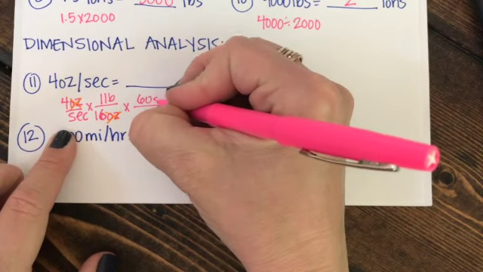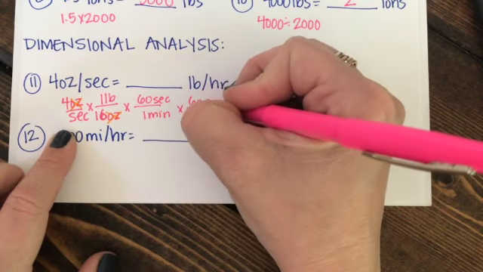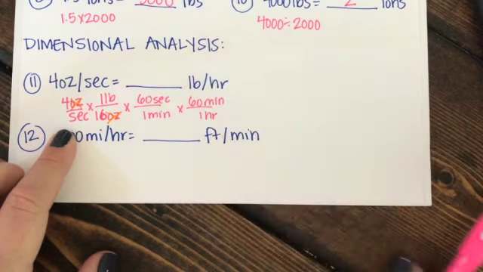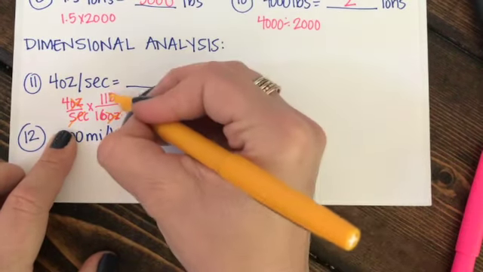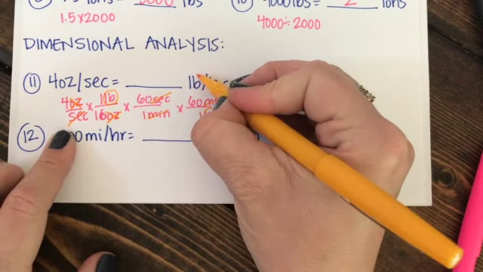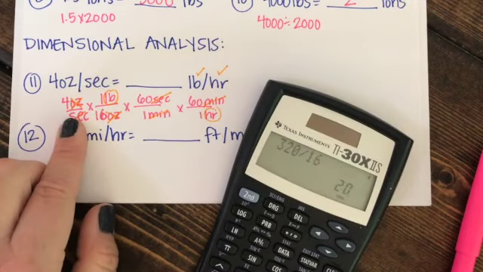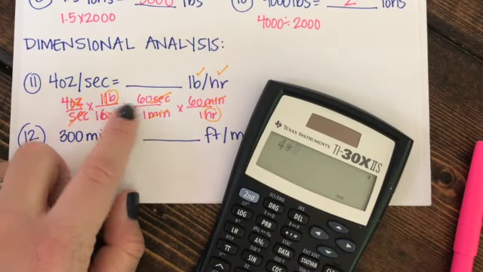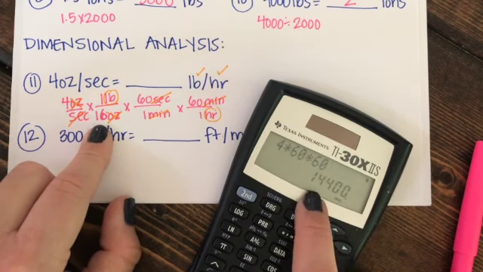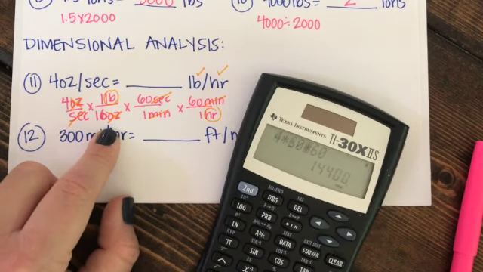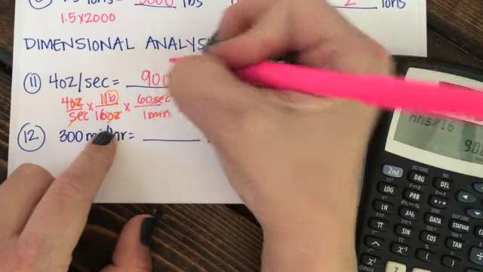So there's 60 seconds in 1 minute, and then 60 minutes in 1 hour. So seconds and seconds cancel, minutes and minutes cancel. I have pounds and hours, which is exactly what I want. So now I'm going to use my calculator, and I have 4 times 1 times 60 times 60. So 14,400. On the bottom, I just have 16, so that would be 900 pounds every hour.